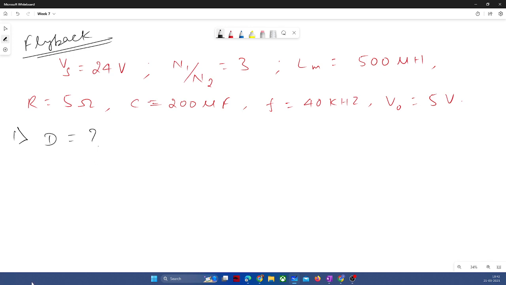Since we have derived V naught by Vs equal to N2 by N1 into D divided by 1 minus D, you just need to plug in all those values.